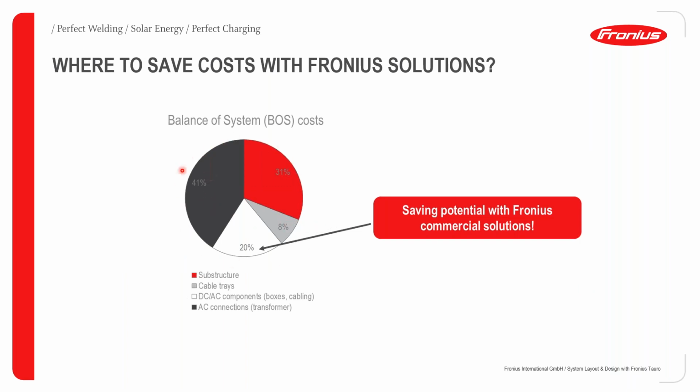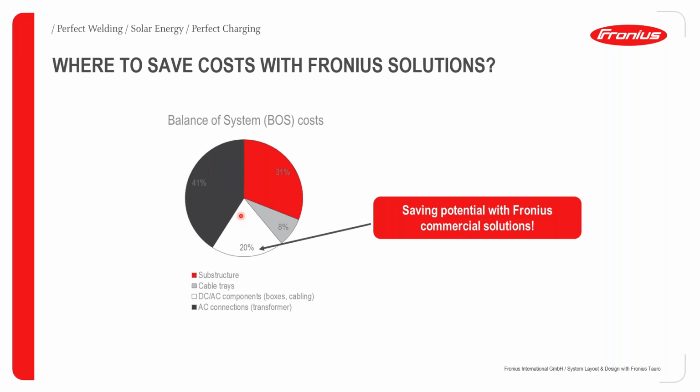41% of the balance of system costs is your AC connections. About 20% is your DC and AC components, which can be your combiner boxes and your cabling. Your cable trays are about 8%, and all your substructures, such as your PV module mounting structures, account for about 31%.